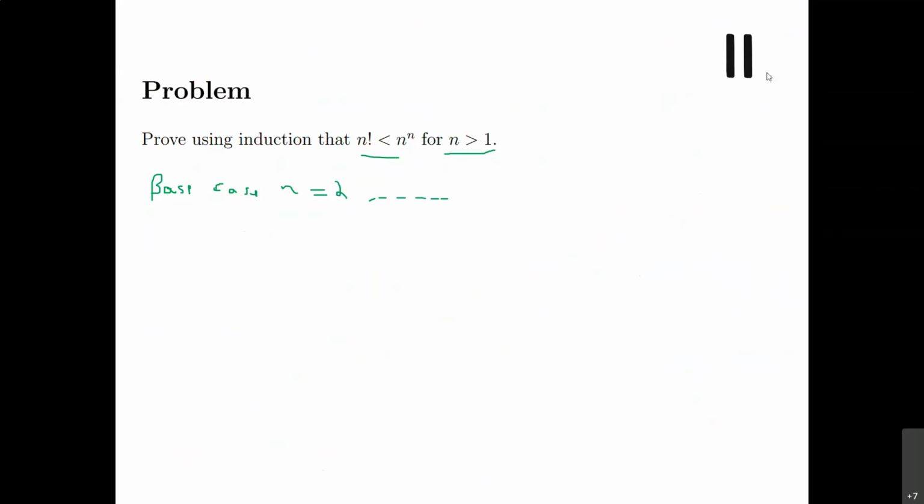And by the way, you only need simple induction here as well. No strong induction just yet.